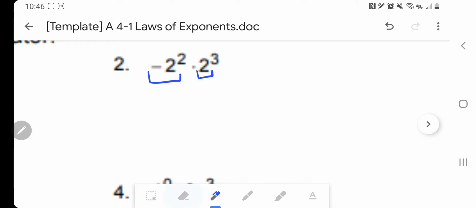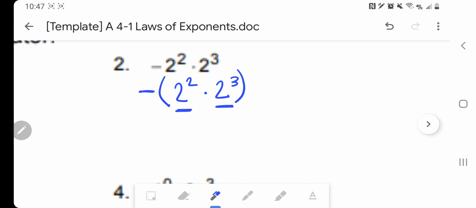So we're going to kind of have to switch up this problem a little bit by putting the negative 1 on the outside and putting our 2's with our exponents in parentheses. Now that our problem looks like this, we have like bases, and we are able to add our exponents and keep our base.